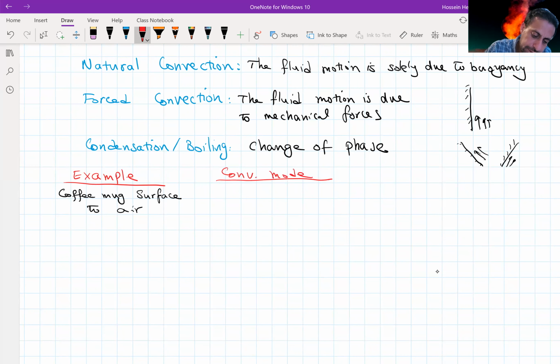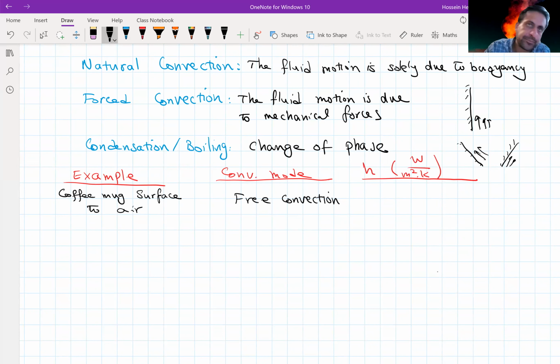In terms of convection mode, we are dealing with free convection. And in terms of heat transfer coefficient, with the unit of watt per meter square K, it's going to be around 10 on the side that is exposed to the air. Air is just flowing at the top, and it's going to be around 200 for the liquid or coffee here.